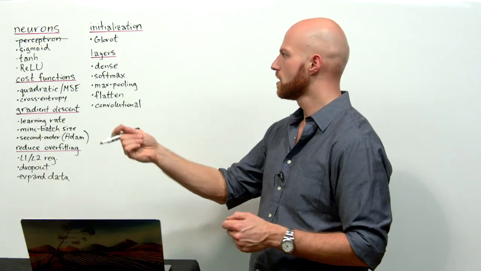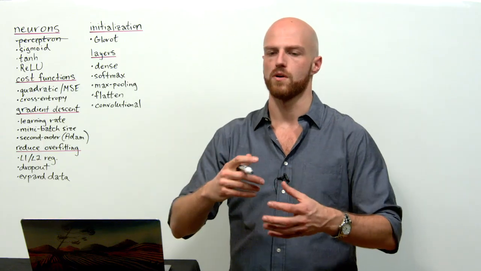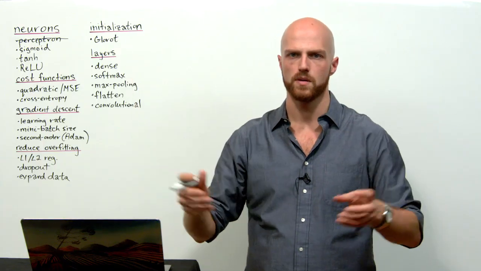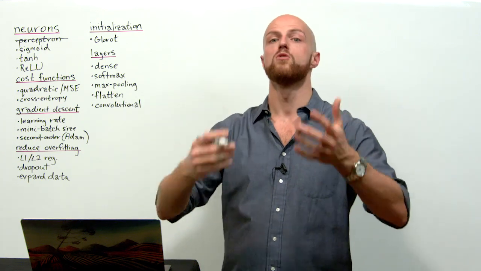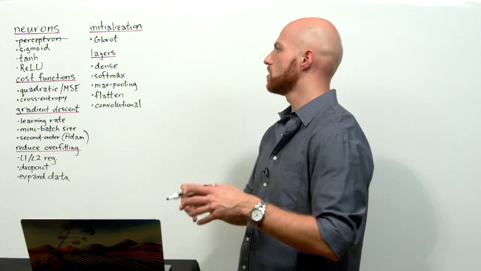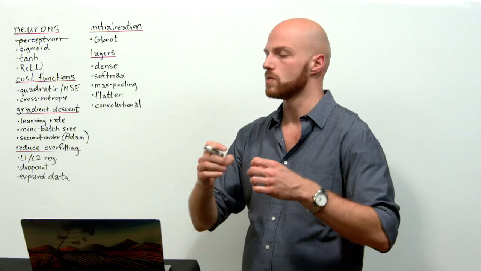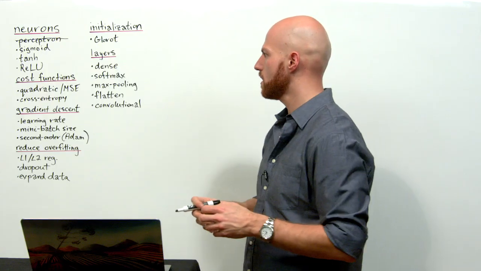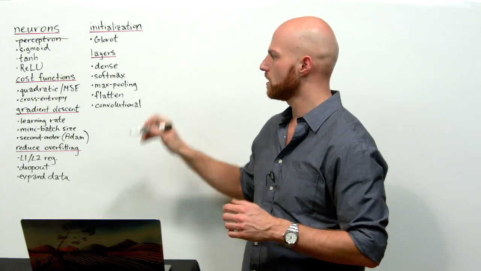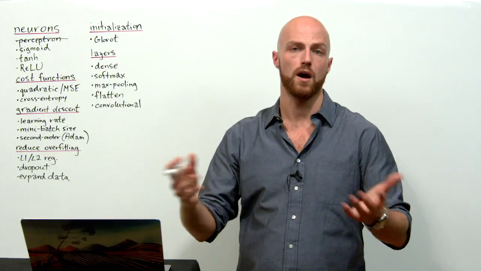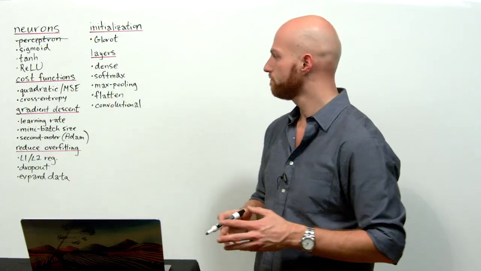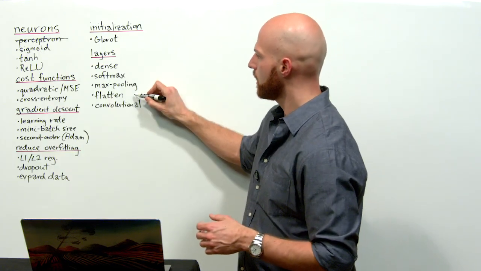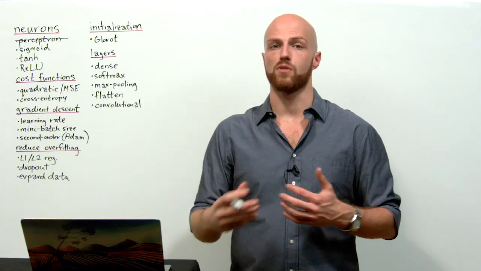A max pooling layer is typically something that we use to reduce dimensionality. So we use the output from one neuron from a set of them, that neuron that has the most activity, and we use it as a proxy for all of the neurons in that area. So this reduces dimensionality and makes compute time faster, often with little downside. Flattened layers don't actually do any processing.